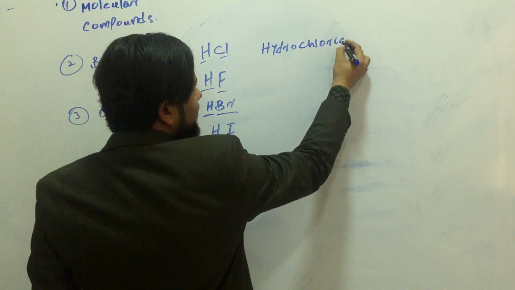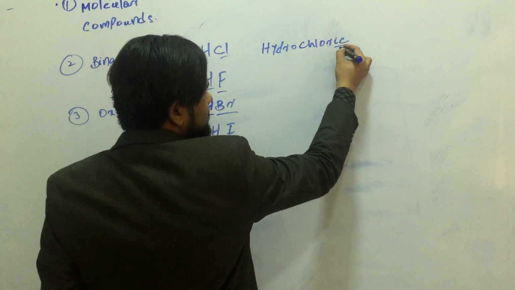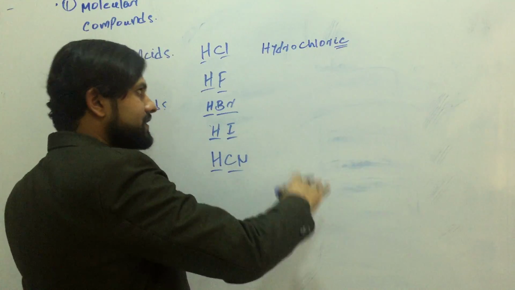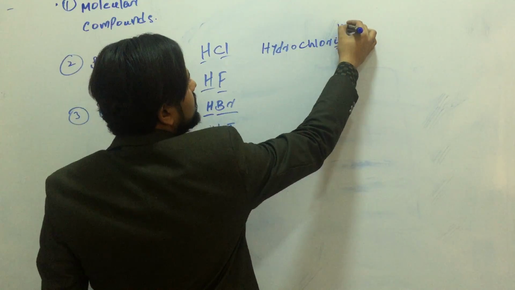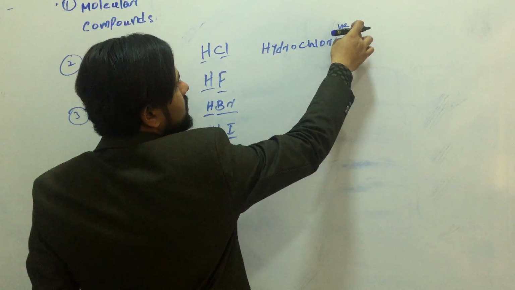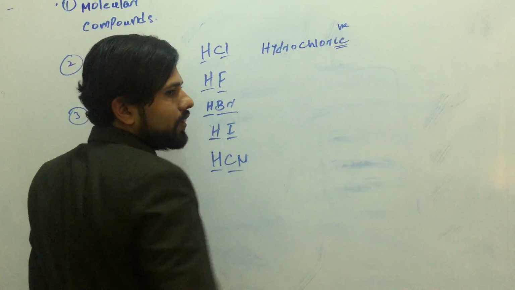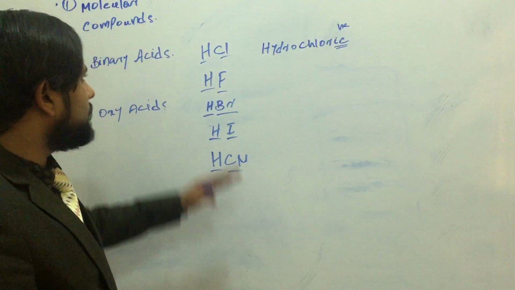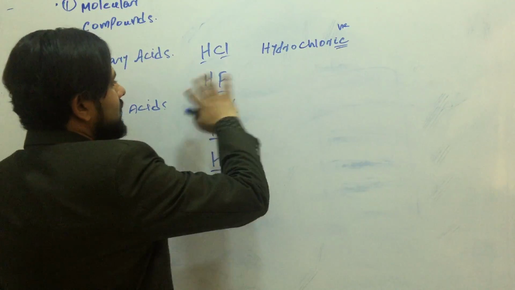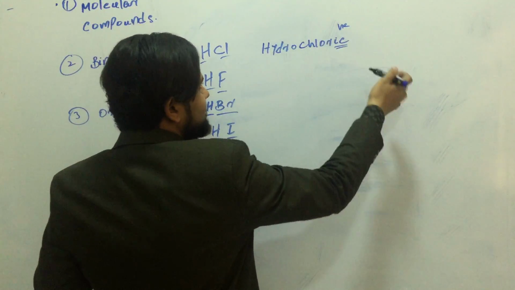Now what I did here is just add the suffix ic instead of ne. That was chlorine, but I added chloric. This is the rule to name all the binary acids. So the name is going to be hydrochloric acid.